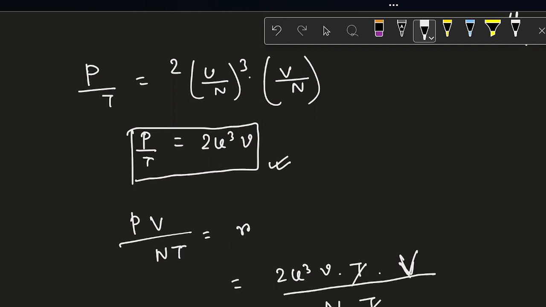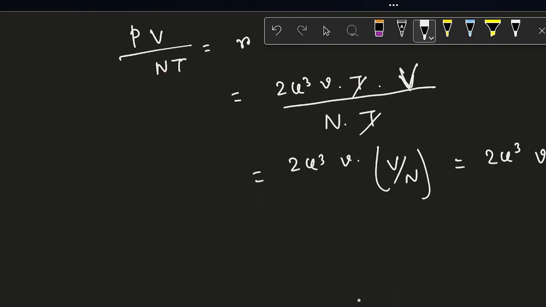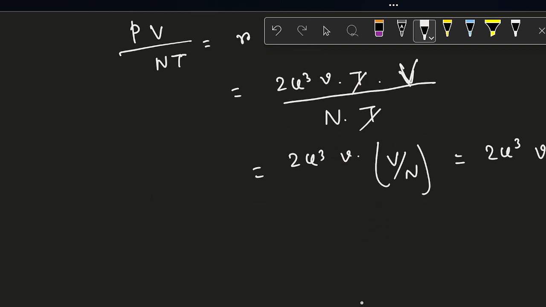Okay, so this t and this upper t cancel out, so you just get 2 small u cube small v, and capital V by n. So you also reduce it to small v, so another small v gives you a small v squared. So this I hope is right. After that there is no mistake in the calculation.